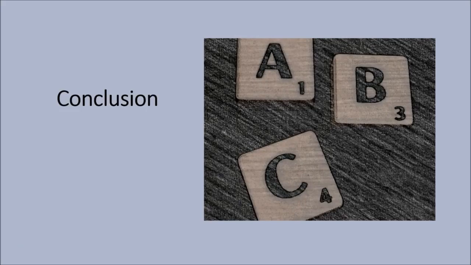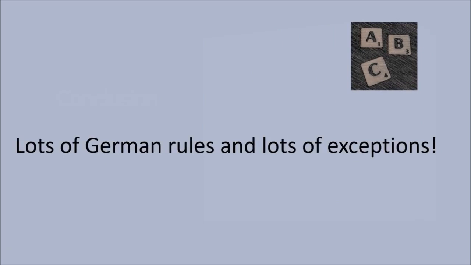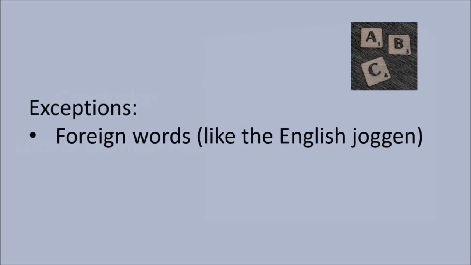So, to conclude the whole course, about the spelling, not so much the alphabet spelling, because that's pretty standard, but how you pronounce letters and letter formations inside a word and how you pronounce words. There are lots of German rules and lots of exceptions. Just like with everything else.